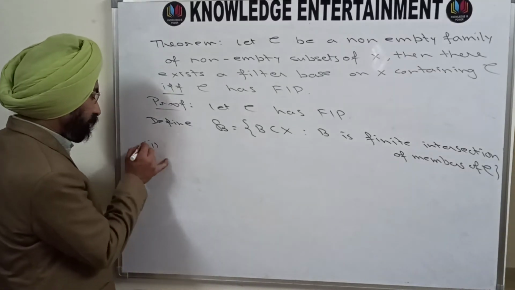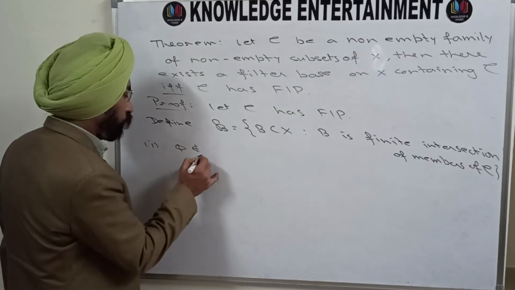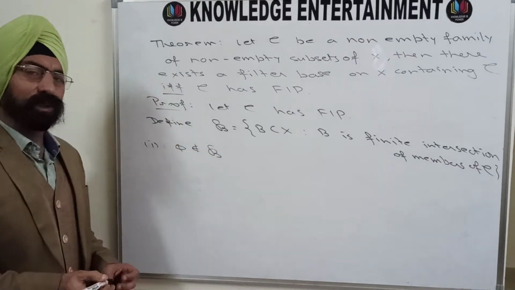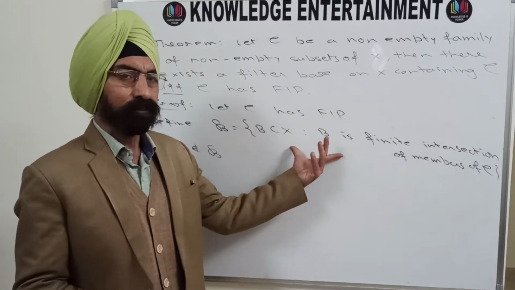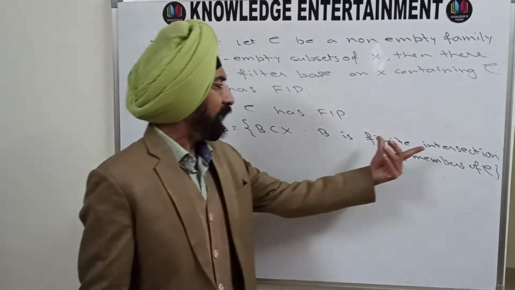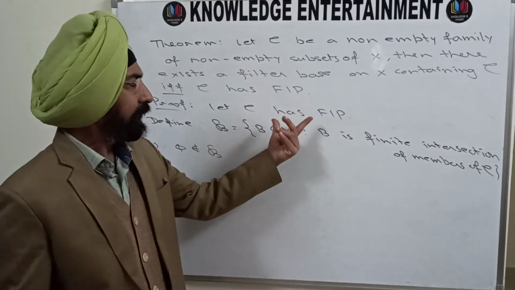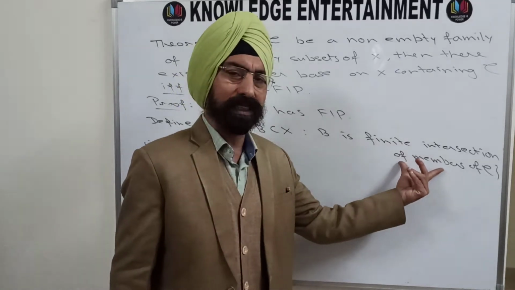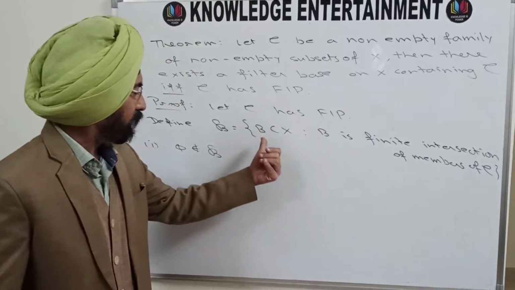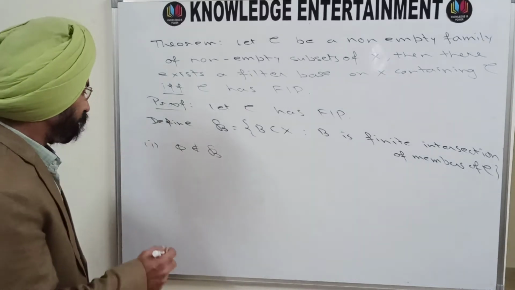The first condition for B to be a filter base is that phi does not belong to B, and that is very much obvious by the definition, because every member of this collection B is a finite intersection of members of C, and C has FIP. That means a finite intersection of members of C cannot be empty.